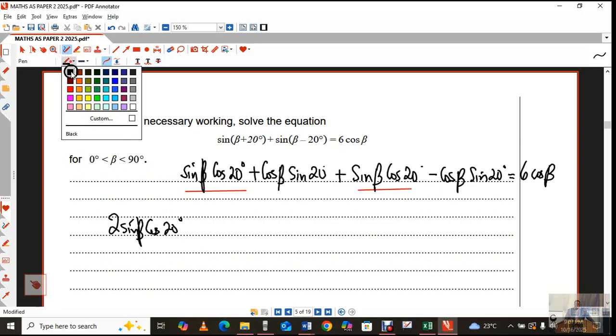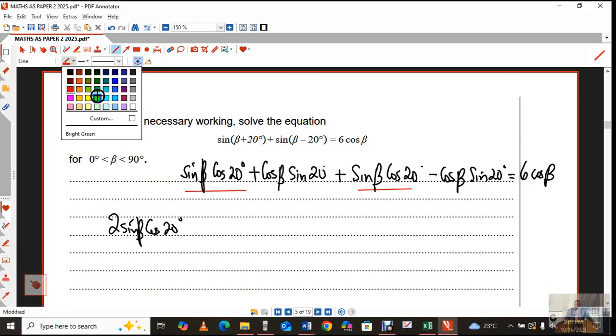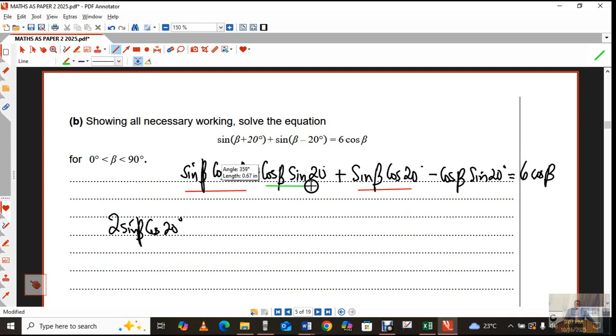Then if you look at cos beta sine 20 minus cos beta sine 20, they cancel each other. So at the end of the day, we are left with 2 sine beta cos of 20, and then we say that is equal to 6 cos beta. All right, there we go.